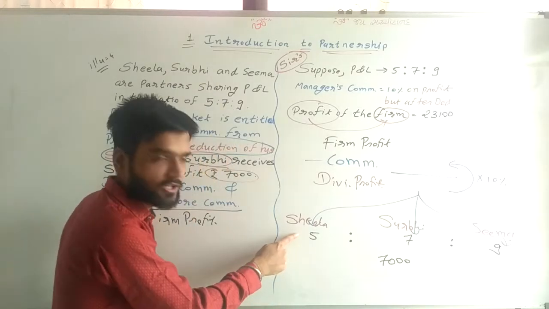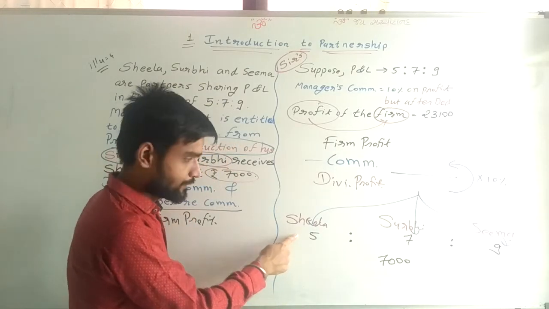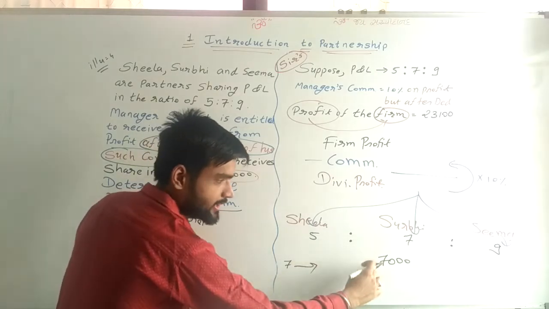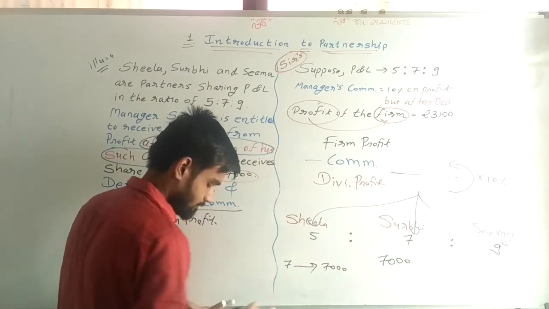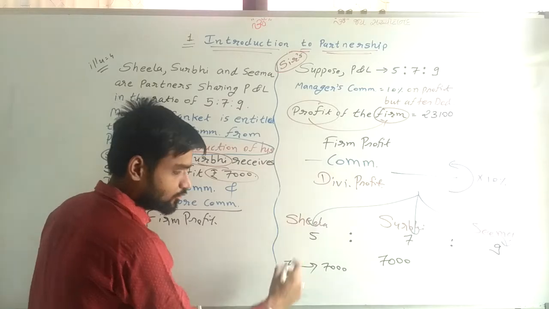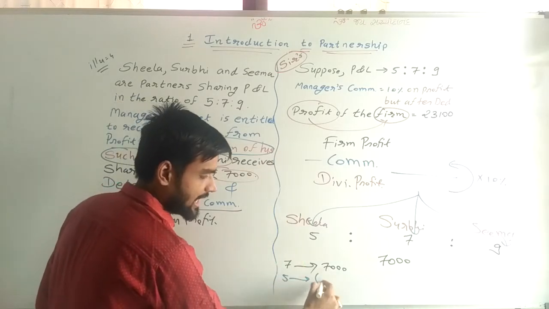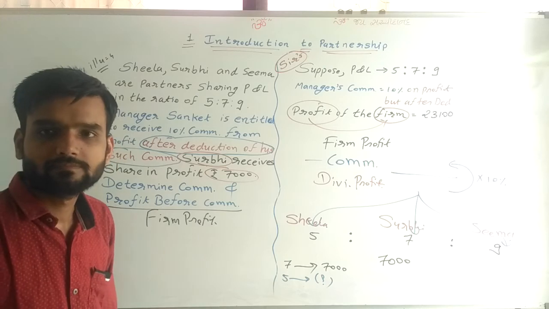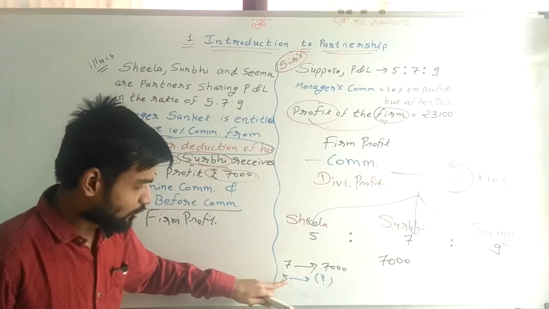So we can find profit for Sheila also. For 7, Surbhi's profit is 7,000. So for 5, what is Sheila's profit? We can find it directly.